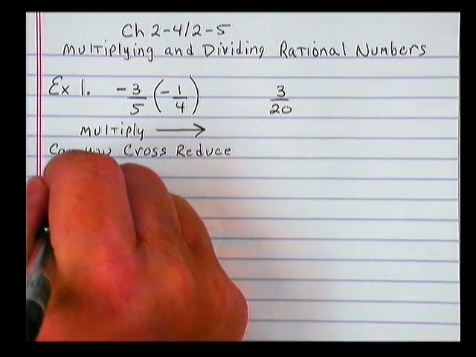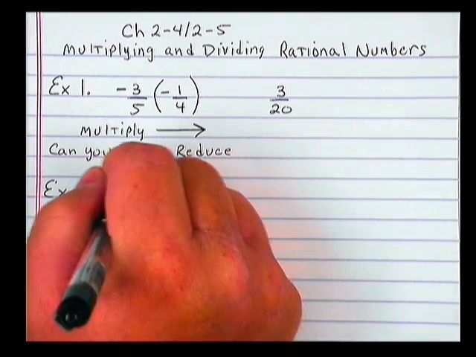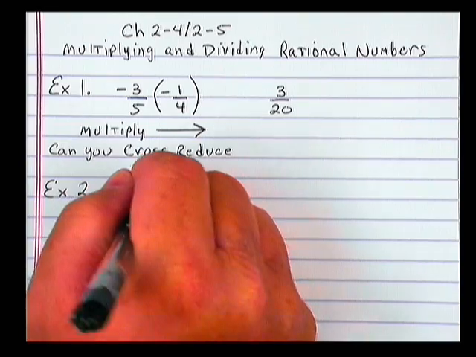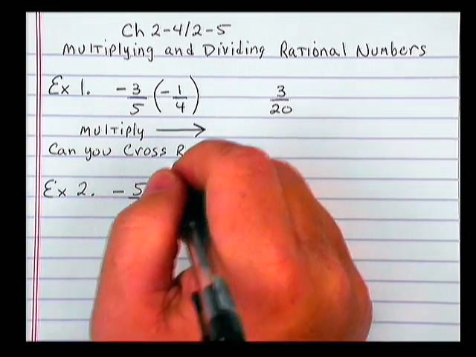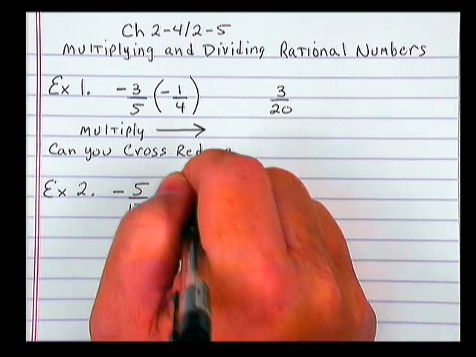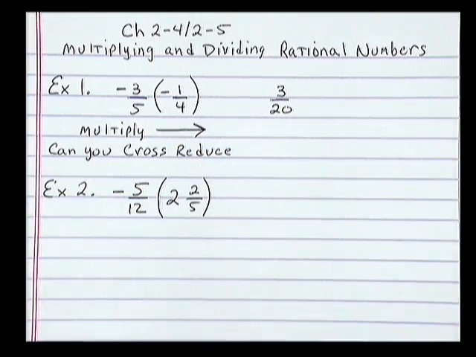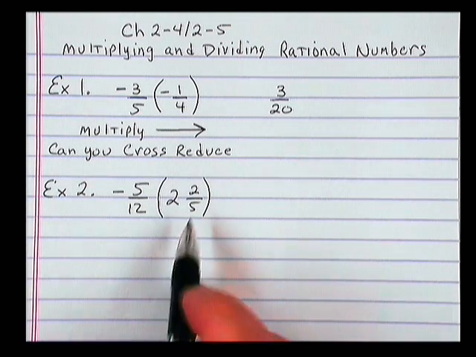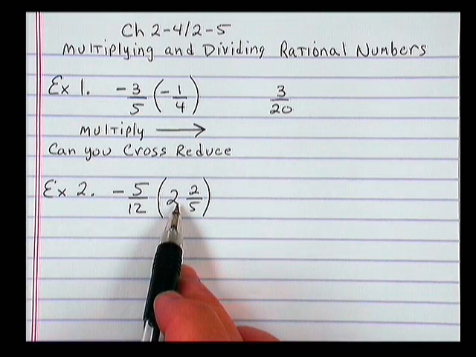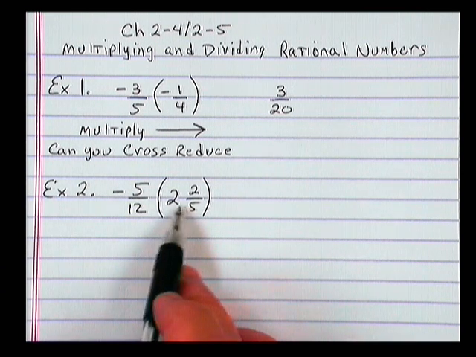Example 2. -5/12 multiply 2 and 2/5. Now you cannot multiply mixed numbers.